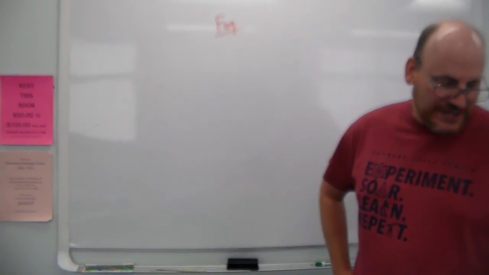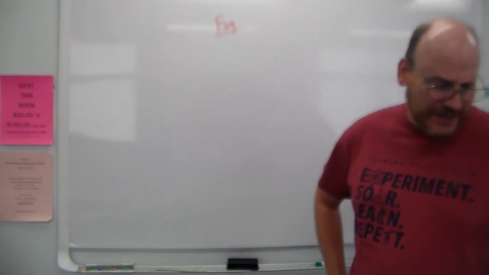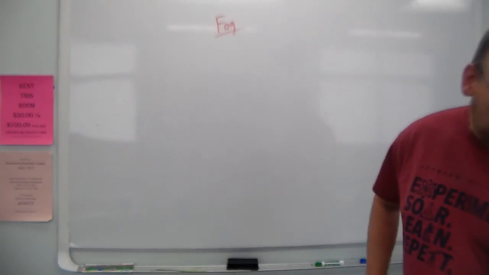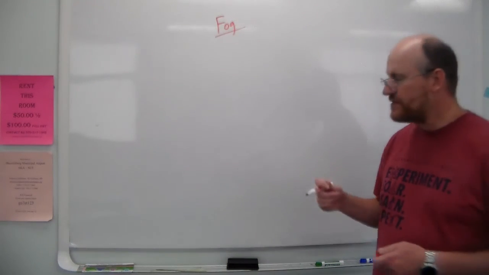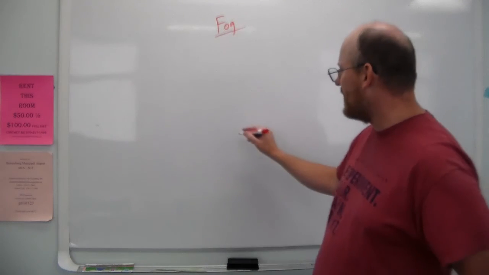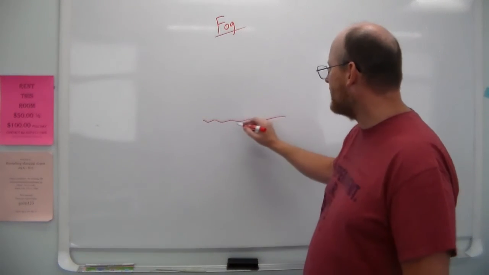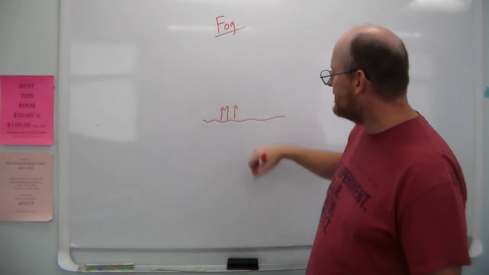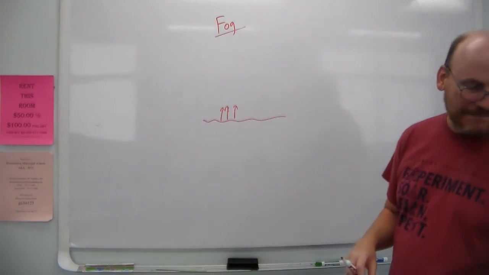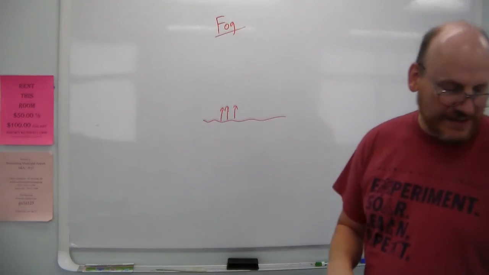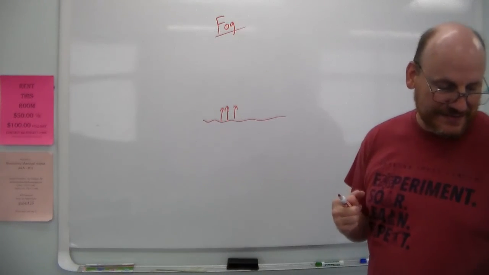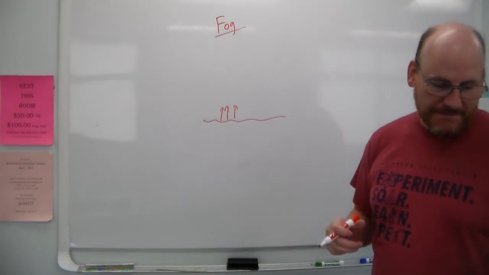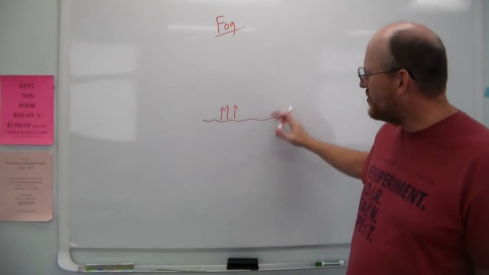So, first one he talks about is radiation fog. So, radiation fog, you have the Earth radiating its heat away, and that's how it gets its name. On those calm, clear nights. So the Earth cools.